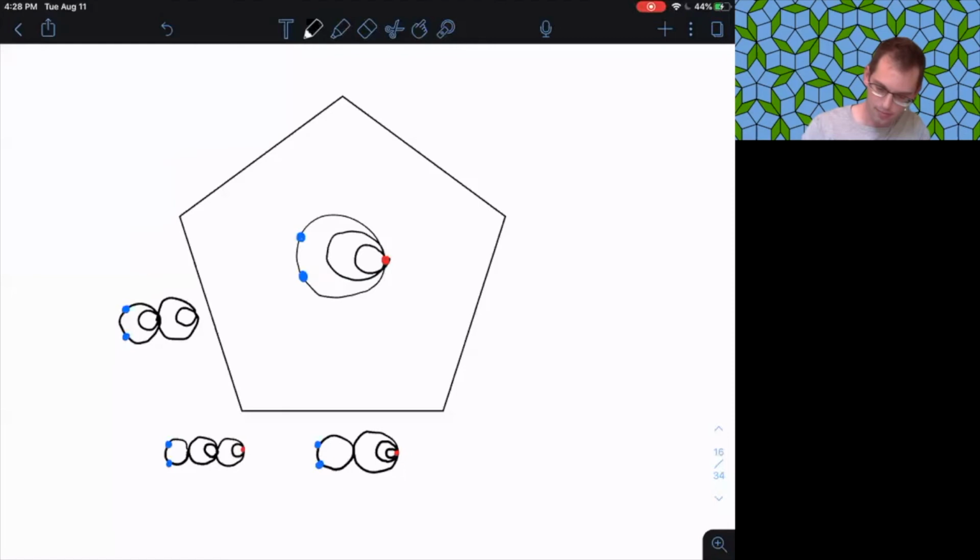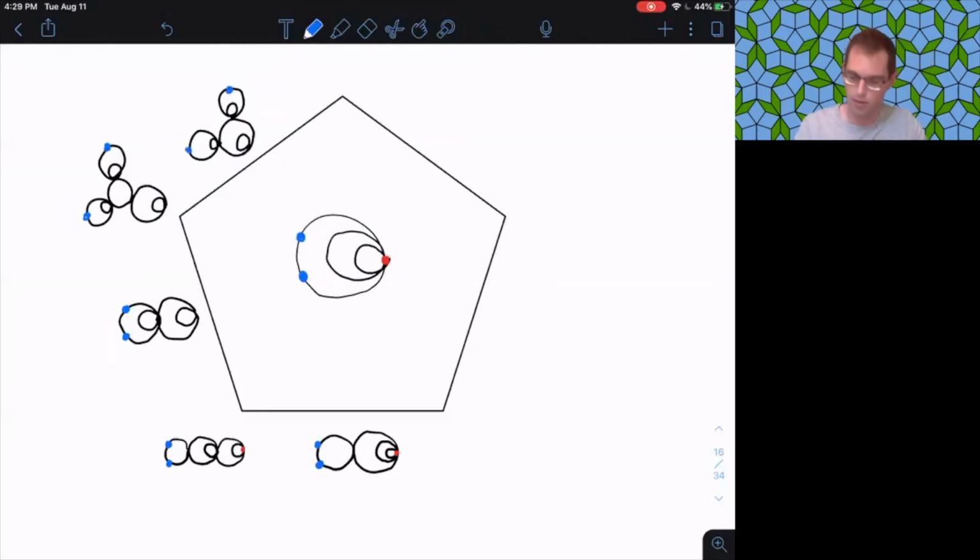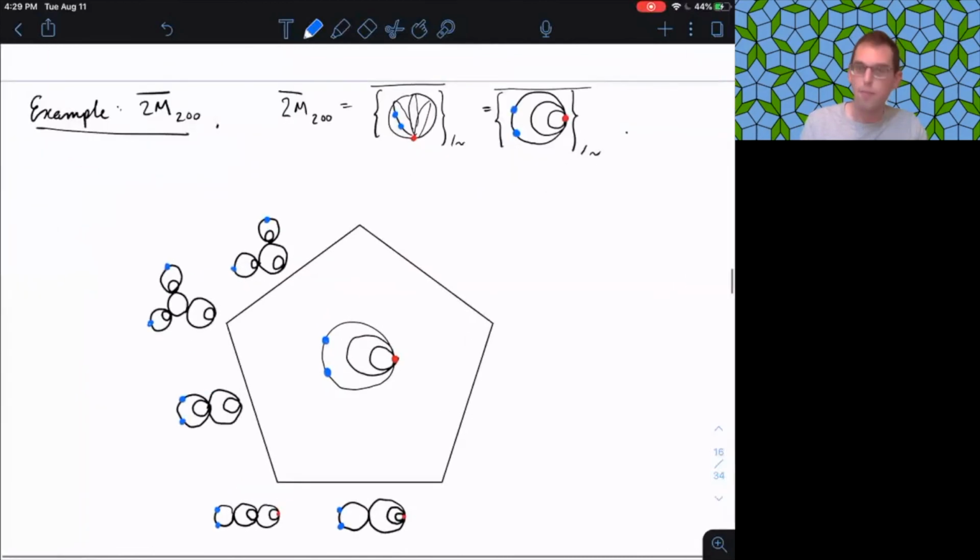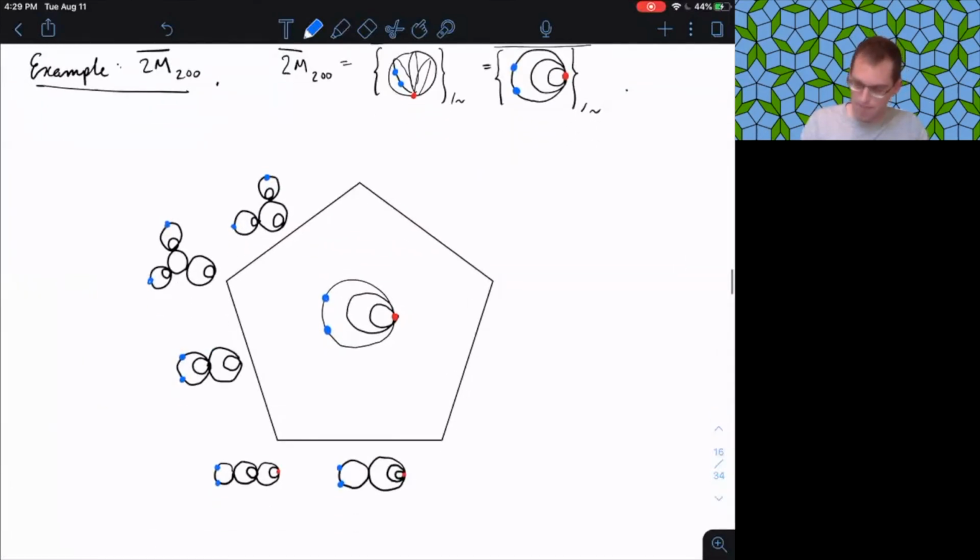Sorry, just a moment. So then to get to the upper right edge, we could glue in the middle disk, that unquilted disk, to the main component. And so forth. Maybe I'll stop there so I don't run out of time. But I'll show you the kind of completed picture.